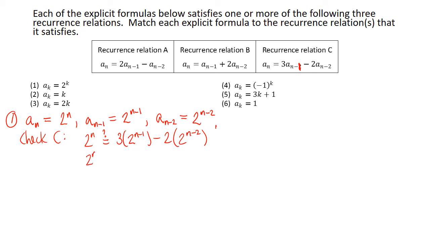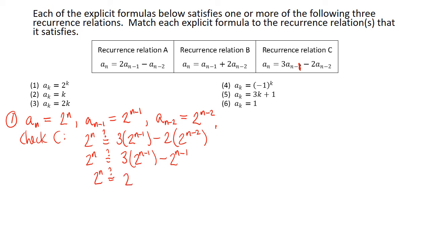So left-hand side stays like that. Right-hand side I can simplify maybe a little bit. 3 times 2 to the n minus 1 will stay the same. And then here I'm going to combine the 2's, so this will be 2 to the n minus 1, adding the exponents of the 2's together. And then I've got 3 copies of 2 to the n minus 1 minus 1 copy of 2 to the n minus 1. So that is something I can factor.